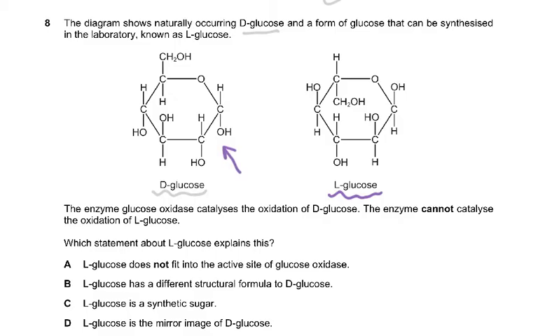The enzyme cannot catalyze the oxidation of L-glucose, laboratory glucose. Which statement about L-glucose explains this? The answer is A. L-glucose does not fit into the active site of glucose oxidase. The rest of the answers are not why the enzyme cannot catalyze it. So you've got to understand that because it doesn't fit into the active site, that's why it cannot catalyze it.